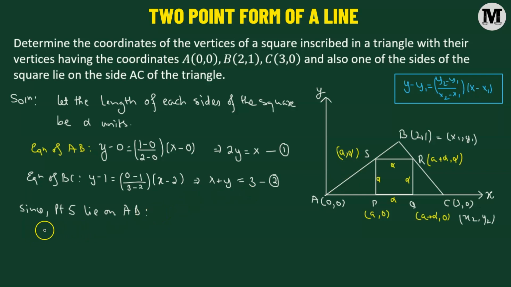So we can say that the coordinate (a, alpha) will satisfy the equation of the line AB. All we have to do is take the line AB and replace the value of y with the y coordinate, which is alpha. This will be equal to x, and x will be simply a. So we have 2 alpha equals a. Let this be number 3.